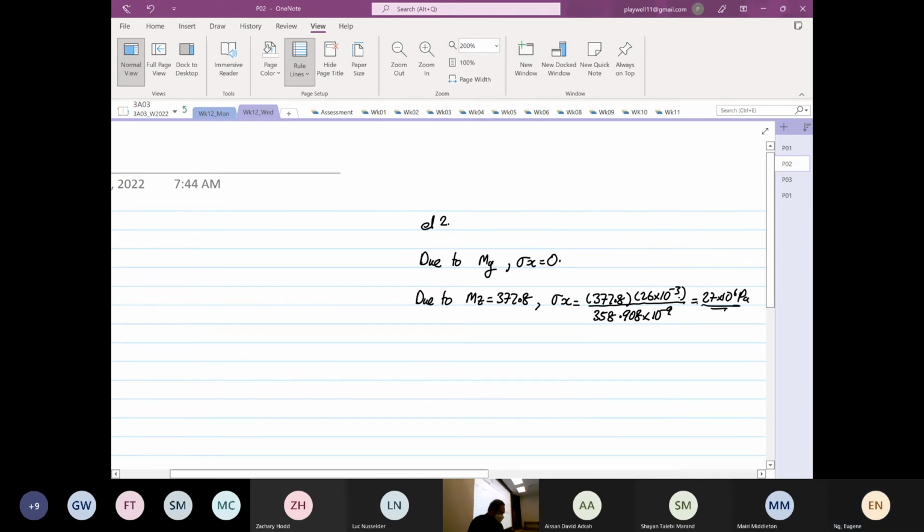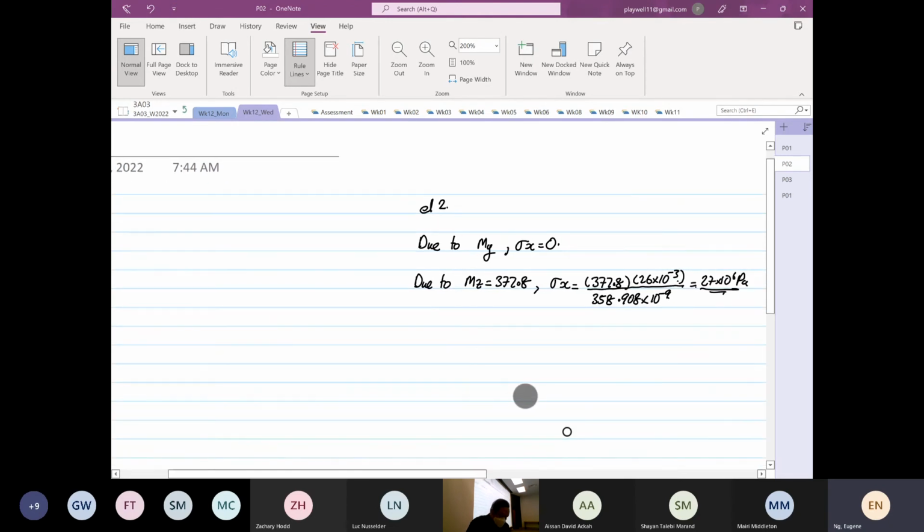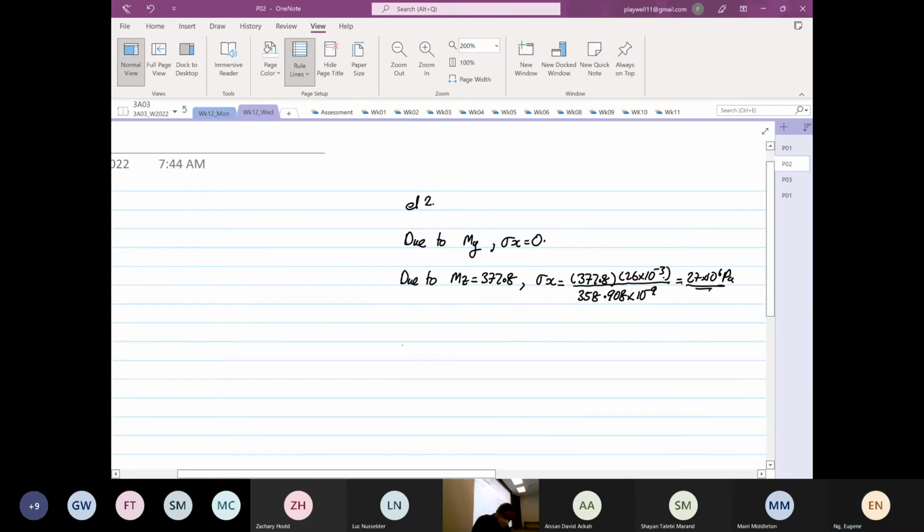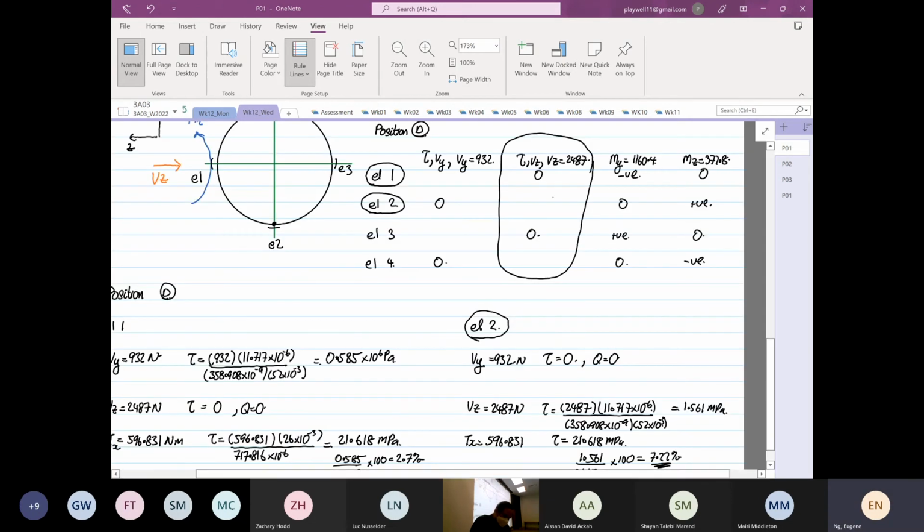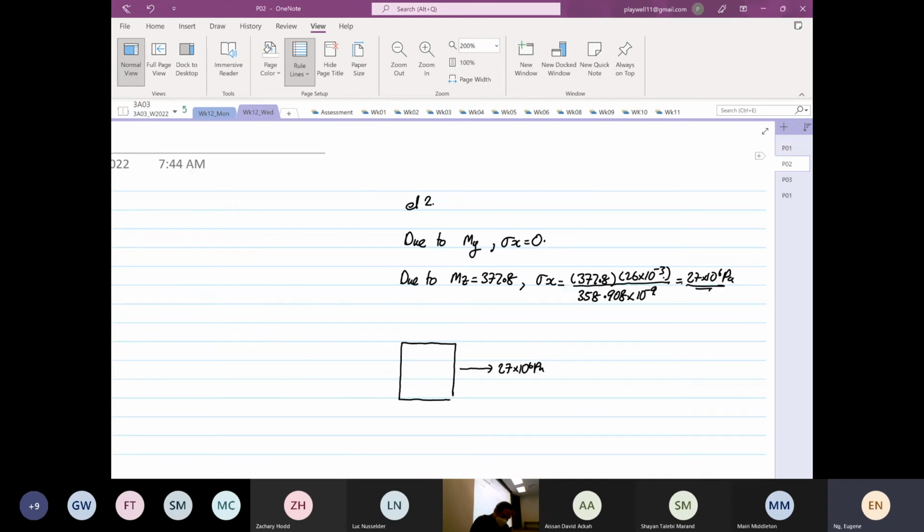So from here, if I were to briefly sketch our element, it can be either tensile or compression. So it's 27 times 10 to the power 6 Pascal. Over here, element 2 is tensile, and then we have a shear. Now the shear has two possibilities.